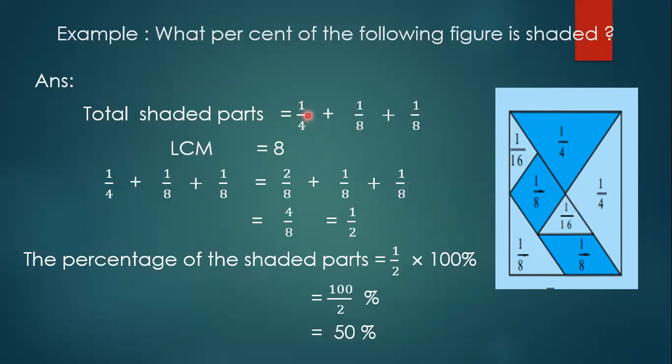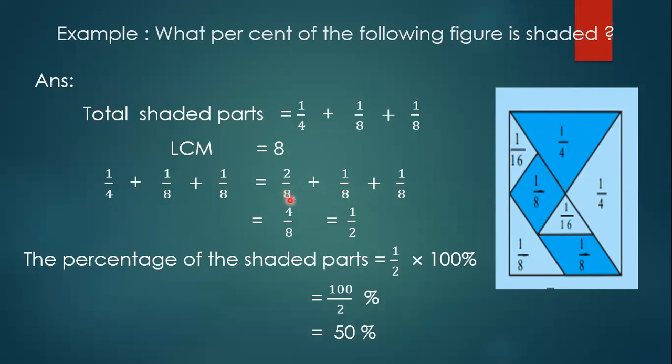When we multiply the denominator, we have to multiply the numerator also by the same number. So 1 upon 4 into 2 by 2 will give 2 by 8. And the other fractions are having the denominator 8. There is no need of multiplying them. So 1 upon 4 plus 1 upon 8 plus 1 upon 8 gives 2 by 8 plus 1 by 8 plus 1 by 8.